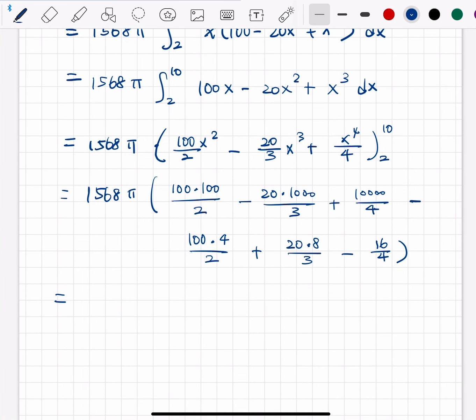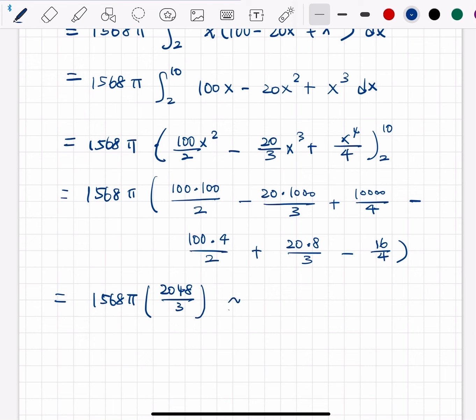So using the calculator, we ended up with 1568 pi times 2048 over 3. Because this is a word problem, we punch it into the calculator. We got approximately 3.4 times 10 to the 6th power. Because this is the work, we're using J, which I believe is joule, as the unit for the work.